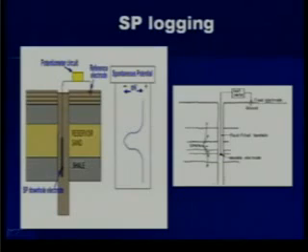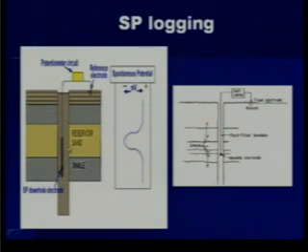How is this measured? Here measurement is done with an electrode which is sent into the borehole. An electrode is nothing but a conductive metallic body, and another electrode is hammered into the surface of the earth, as you can see here in the picture.